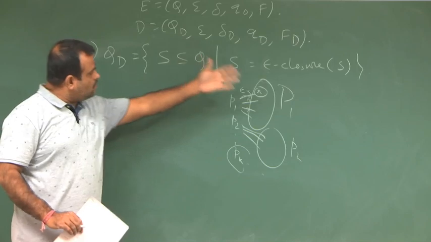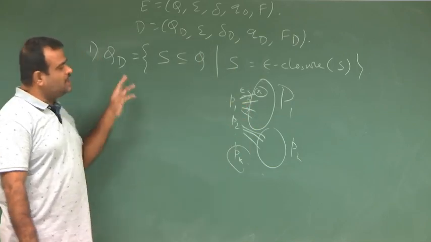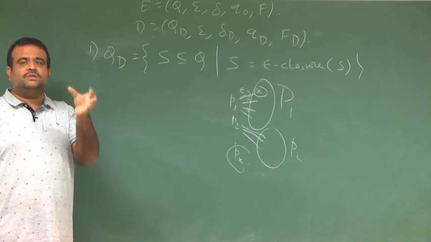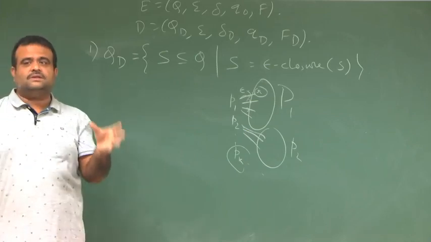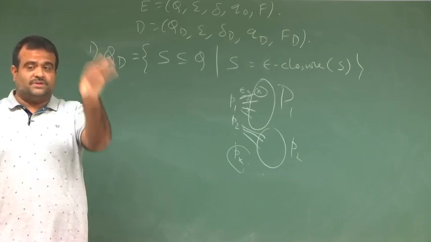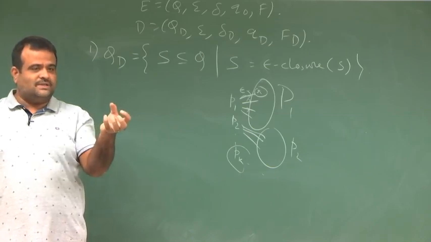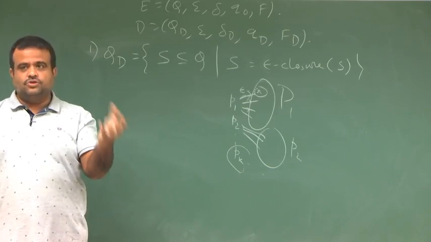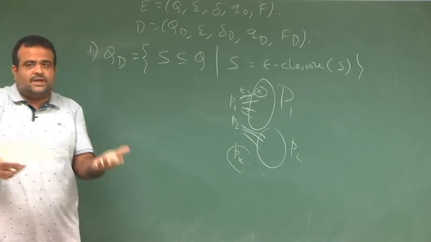We take the union of these as our QD. So, QD is now the epsilon closure of the subsets. Earlier from NFA to DFA it was only the subsets, but here we are taking the epsilon closure of those states. So, we have a subset consisting of states, we consider the epsilon closure of those states, and that forms the QD.